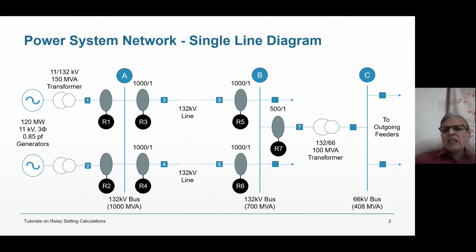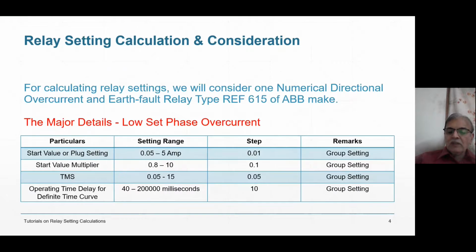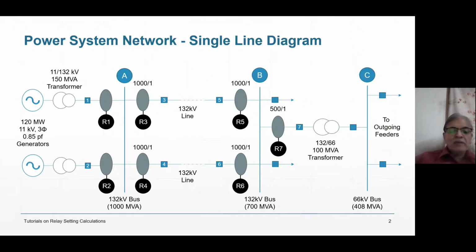But in any case, whatever I said, for the fault current that is coming here, that is 4445, 3288, if I say 3288 for bus B. So 3288 by 500.